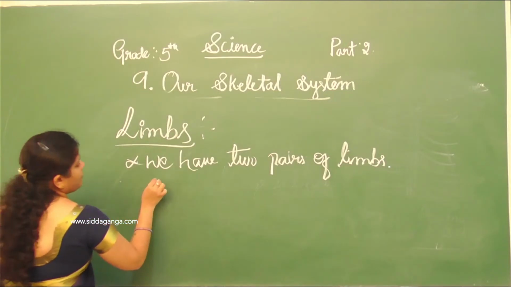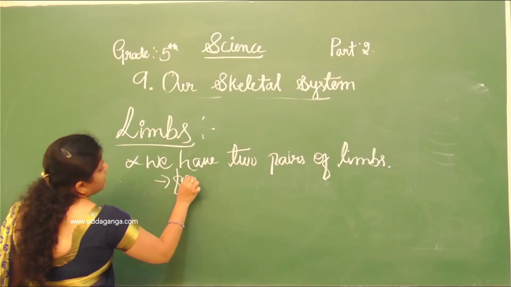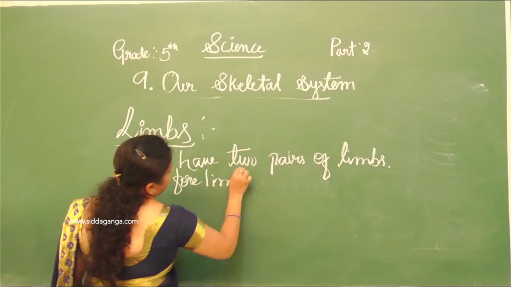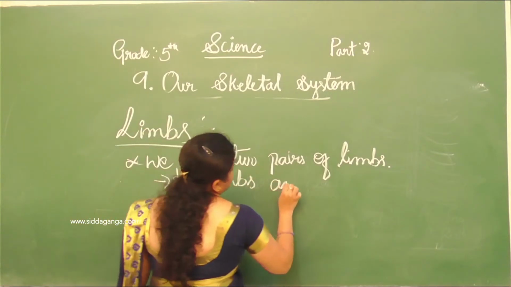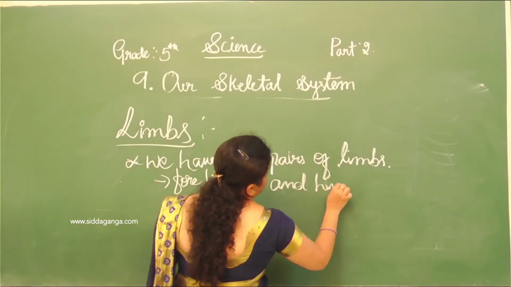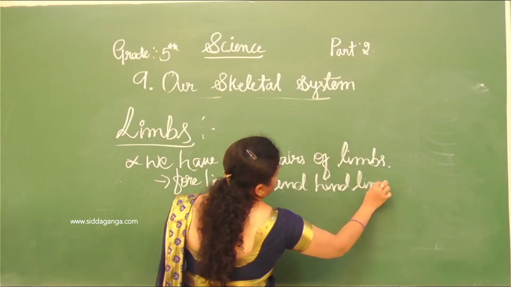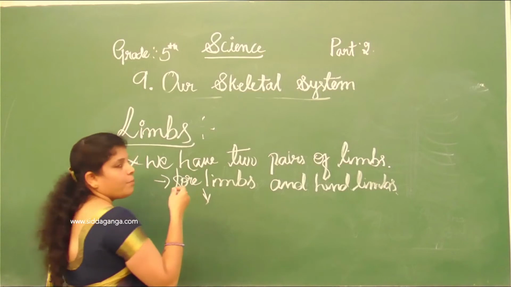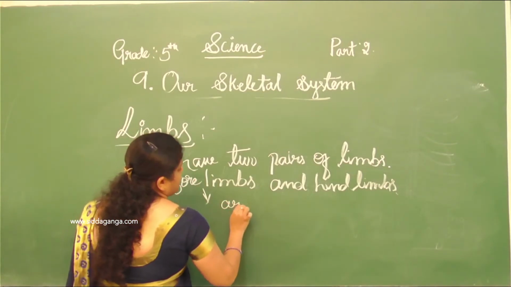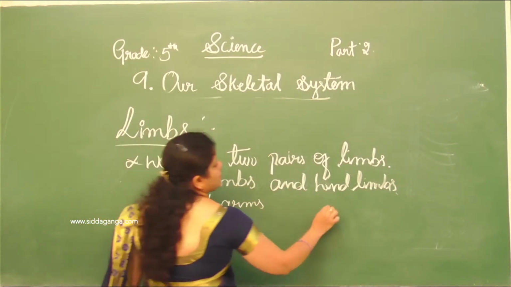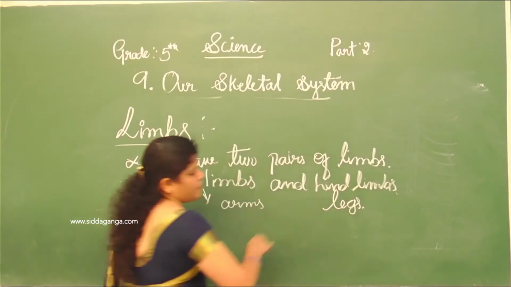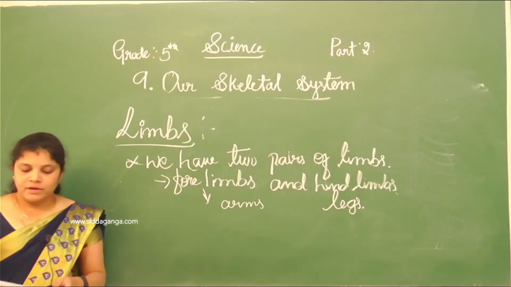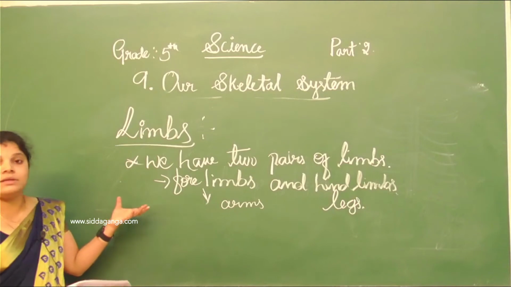So which is forelimbs, and hind limbs, the two limbs are there. See, these forelimbs are modified into what? Arms. And the hind limbs are what? Legs. Okay, there are four limbs in a human body.